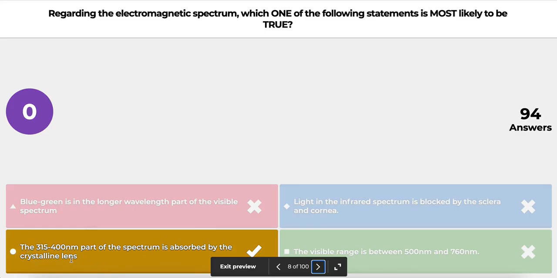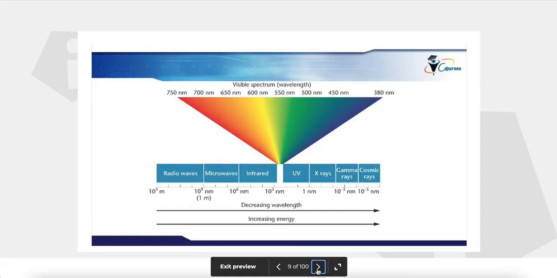The 350 to 400 nanometer part of the spectrum is absorbed by the crystalline lens. This is true, and this is the range of ultraviolet A radiation. The visible range between 500 and 760 nanometer is wrong, because 500 is within the green-blue range, so this is not correct.